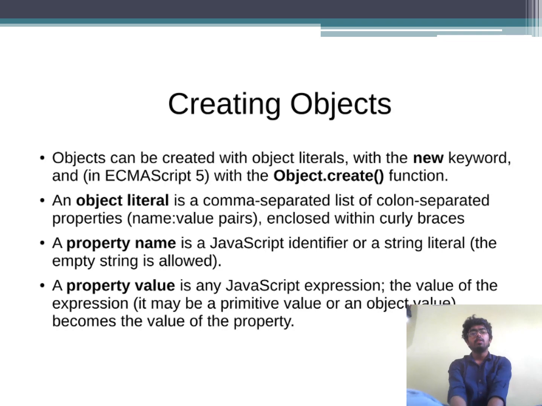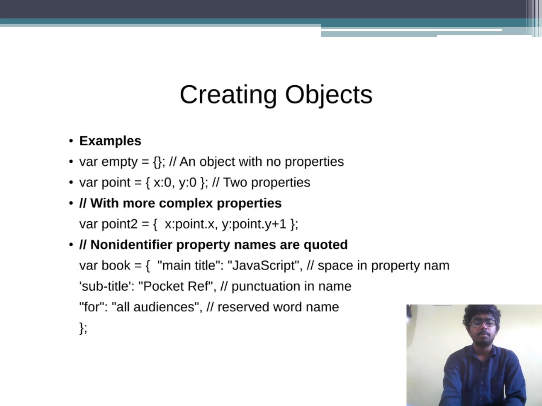A property value is any JavaScript expression. The value of the expression, whether a primitive value or an object value, becomes the value of the property. Creating objects. This is the syntax for creating an object.